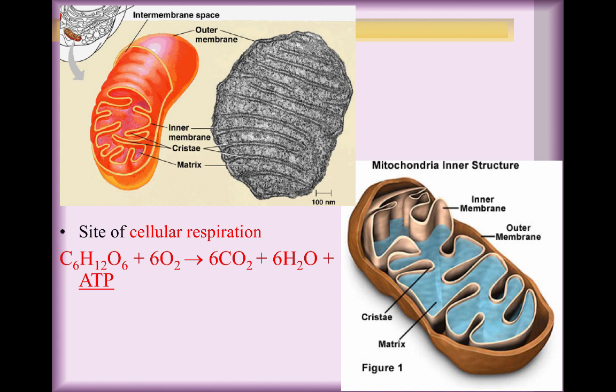And that glucose in the presence of oxygen is broken down to CO2 and water. And in the meantime, we also make ATP as we're doing this. And so cellular respiration is using oxygen as the final electron acceptor to release energy from the foodstuffs that you've eaten, carbohydrate, fat, and protein.